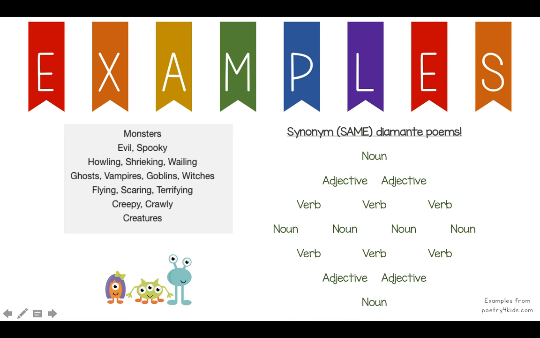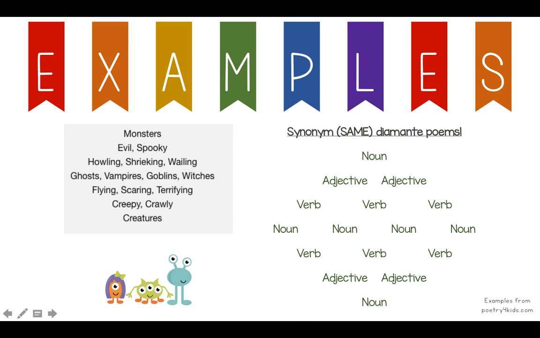They're nouns. Then we have 3 more verbs or action words that monsters can do. 2 words that describe monsters, creepy, crawly, and then a noun that is another word for the word monster. So they decided creatures. I might have put goblins or something there, or witches could have gone there as well. But it's a word that means the same thing.